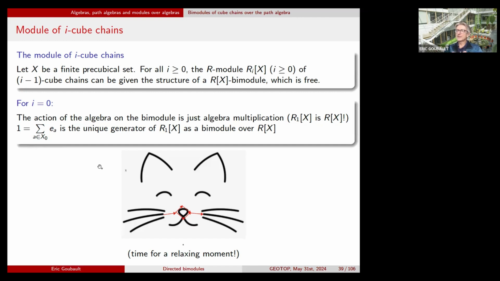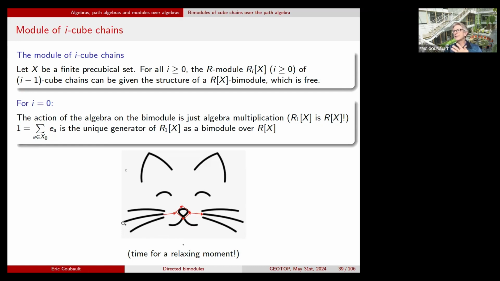And now for I greater than 0, the action on the left and on the right of a dipath of the algebra R of X is just going to be whiskering. As I love the term whiskering, I couldn't resist this picture where you have these whiskers of a cat. So here in red, you have typically a 1 cube chain. That's a 2 cell here in red, and you have it whiskered already by these 2 red edges.